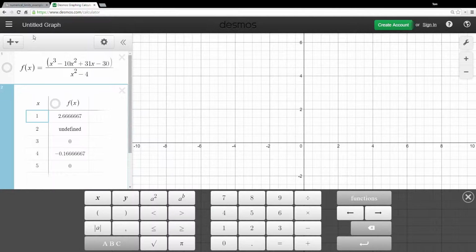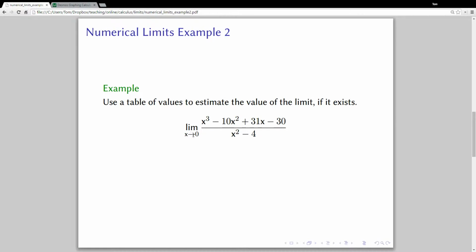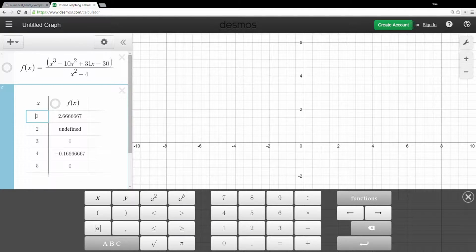So we're taking the limit as x goes to 0. What I'm going to do is start typing in numbers for x that are pretty close to 0, starting on the right-hand side of 0 with numbers a little bit bigger than 0. So 0.1 is the first number that I plug in, and you can see the corresponding y value for it.